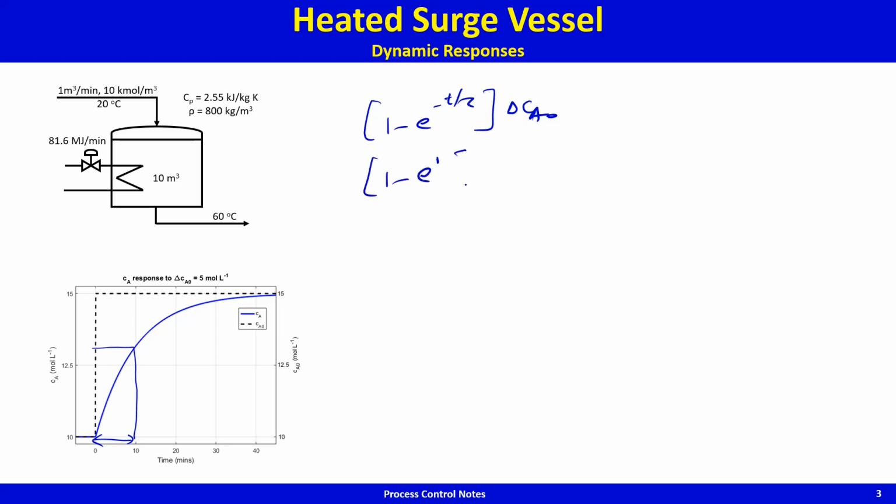So in one time constant, this will turn out to be 0.632. That means 63.2% of the response gets completed in one time constant. That's typical of a first order ordinary differential equation. I am sure you would have seen this probably in a physics course somewhere.